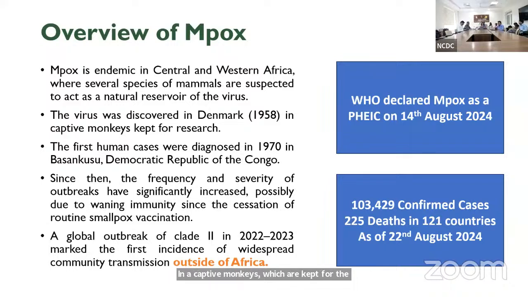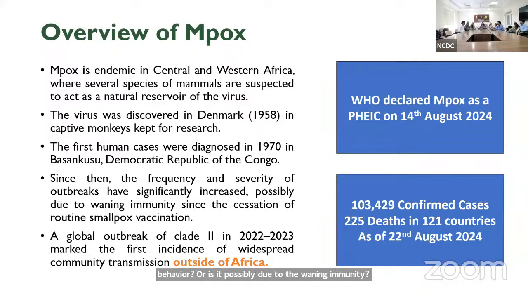But the first human case was diagnosed in 1970 in Bankasuru, Democratic Republic of Congo, and then the frequency and severity of the outbreaks have significantly increased. That causes concern among all the member countries and all over the globe: what exactly is leading to this? Is the virus changing its behavior, or is it possibly due to waning immunity since the cessation of routine smallpox vaccination?